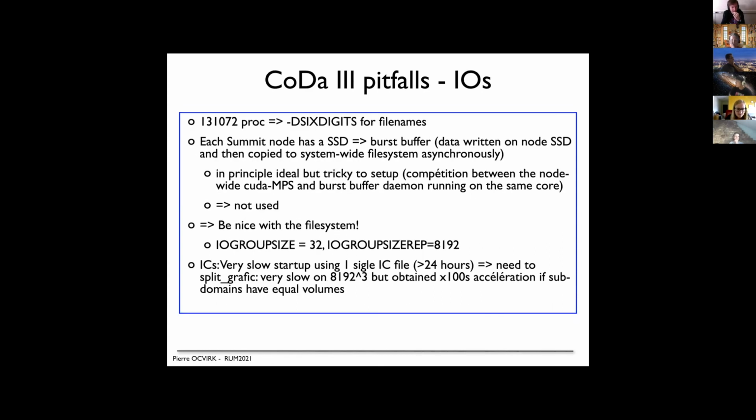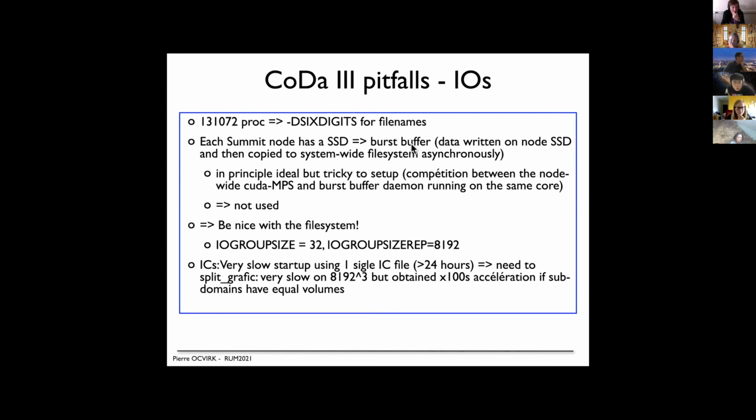In terms of IOs, I hadn't had the chance to use the Hercules routine or library. In principle, on Summit, they have something which is called the burst buffer, which means every node has an SSD. In principle, you can write your data to the SSD, and then it's copied to the system-wide file system asynchronously.